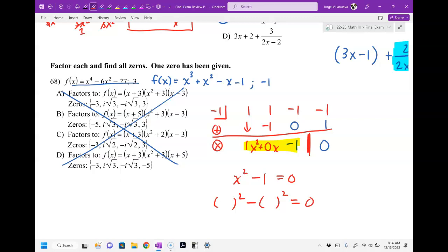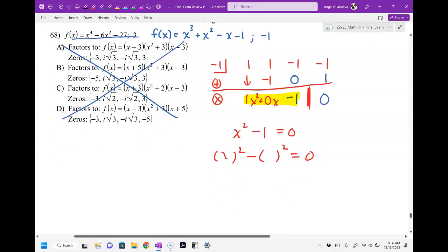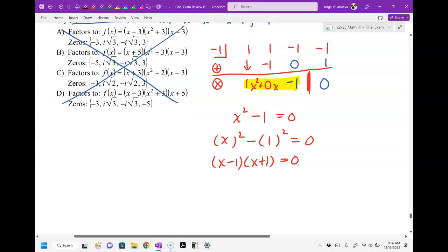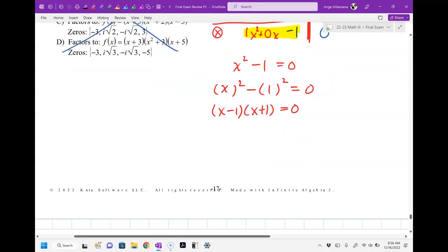Well, x squared is just x squared, and 1 is just 1 squared. So my answers are x minus 1, x plus 1 equal to 0. And I'm going to go ahead and solve each one of those. So that's x minus 1 equals 0, x plus 1 equals 0.